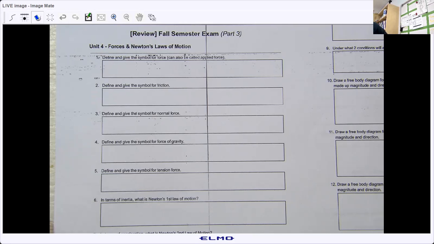Okay, so objects at rest will remain at rest, and objects in motion will remain in motion unless acted upon by an unbalanced force. It's kind of a shortened version of that.